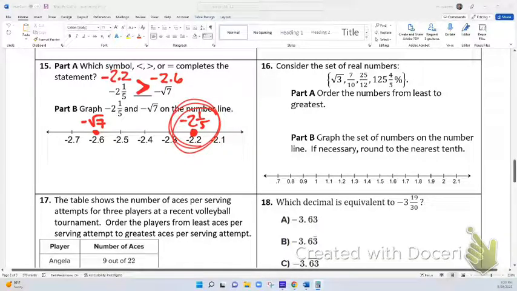Square root of 3 ends up being 1.7. So over here, I'm going to put 1.7 above the square root of 3. For 7 divided by 10, we get 0.7. For 25 divided by 12, we end up getting about a 2.1.